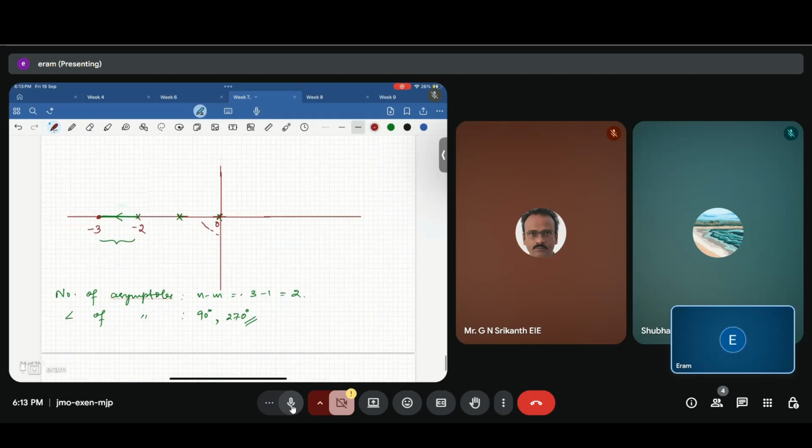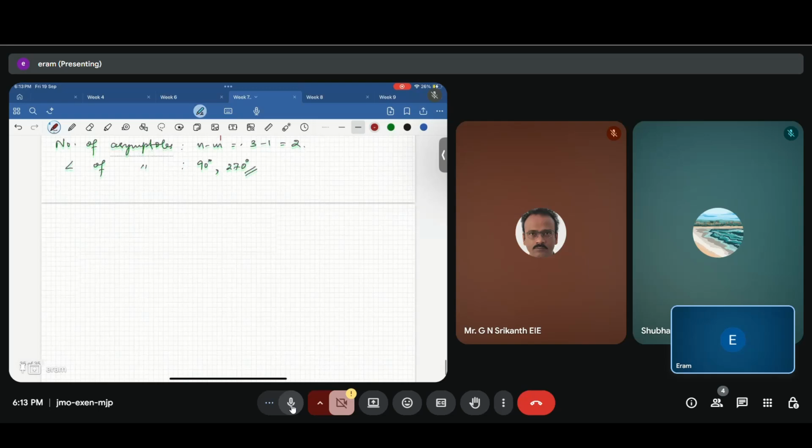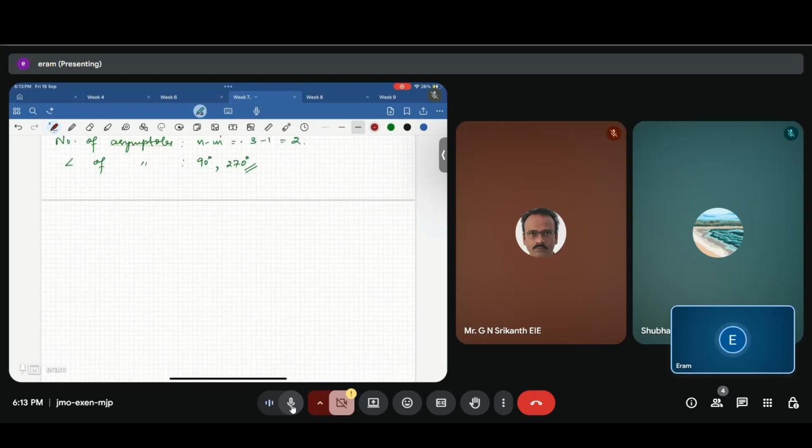Okay, so now let's see. Since we have the open loop transfer function as k into s plus 3 divided by s into s plus 1 into s plus 2, because it is given that we have an open loop 0 at minus 3 and open loop poles at 0, minus 1 and minus 2.